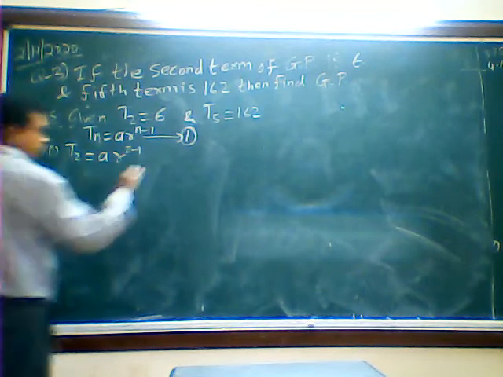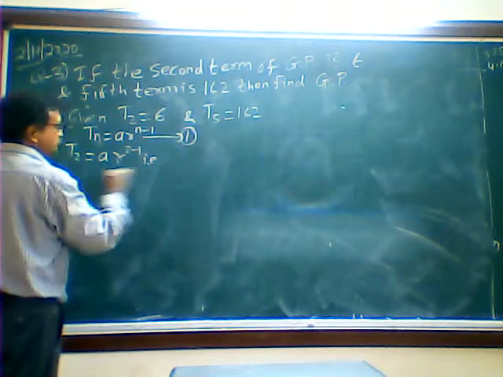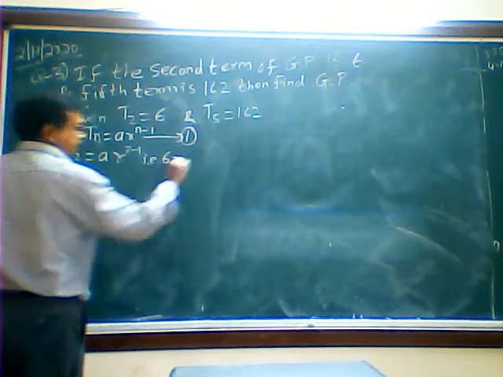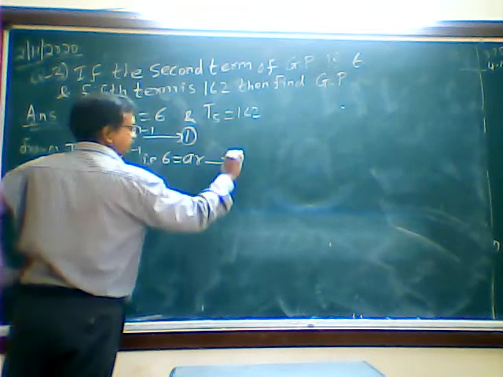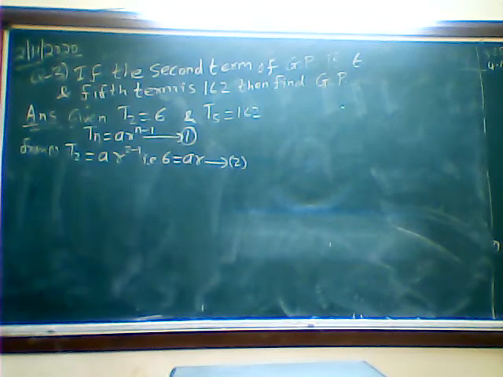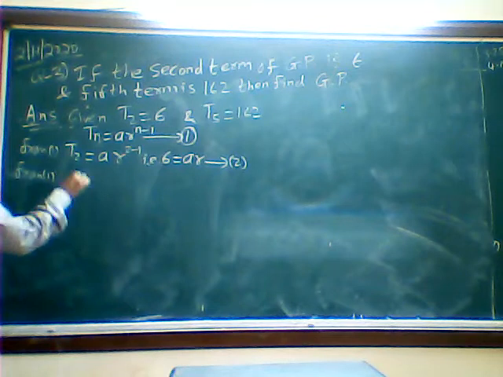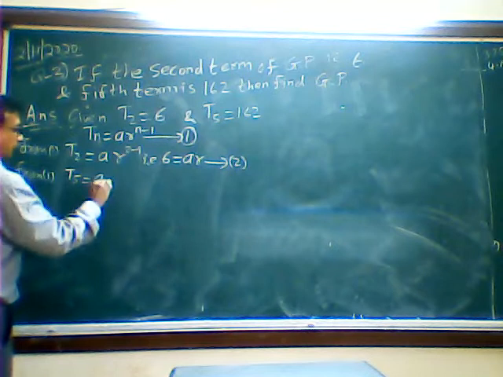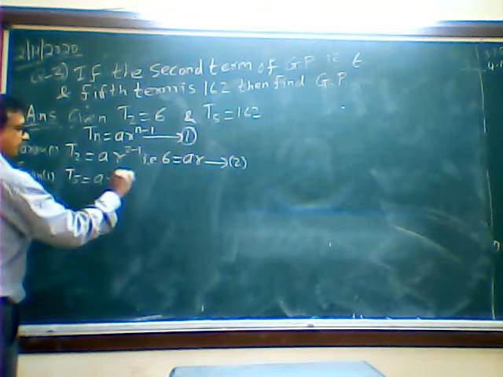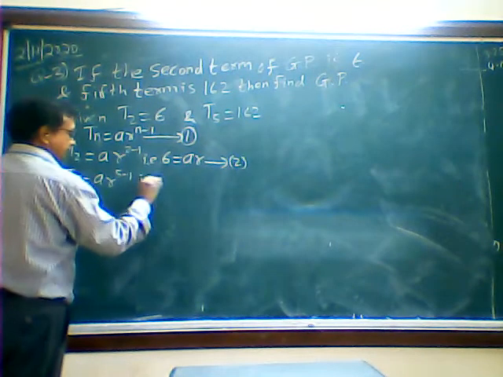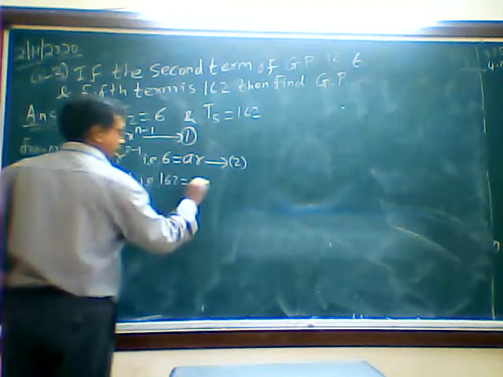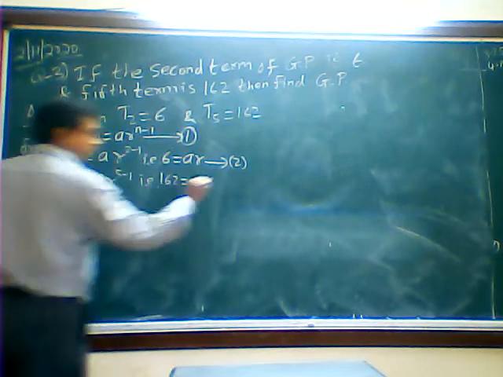T2 is 6, and 2 minus 1 is 1, so 6 is equal to AR. I'll name this equation number 2. Then again from 1, T5: wherever n is there, put 5. A I don't know, r is raised to 5 minus 1. T5 is 162, which is equal to A r raised to 5 minus 1, that is 4.